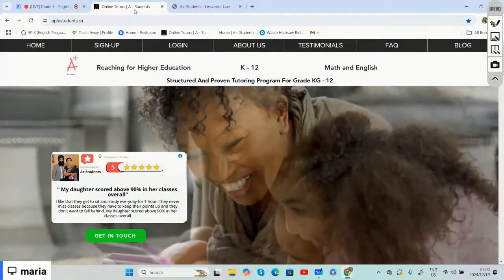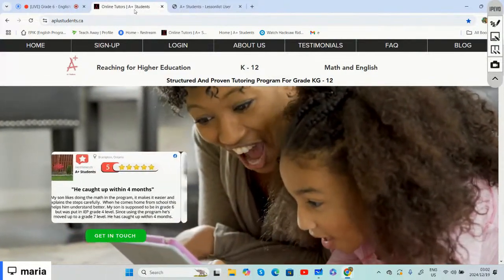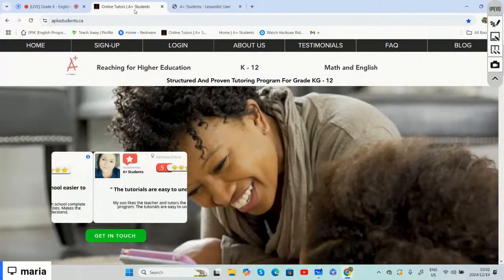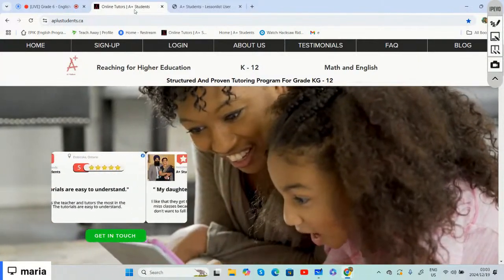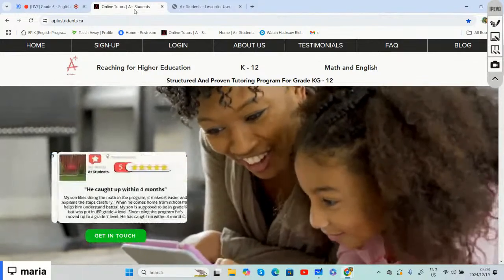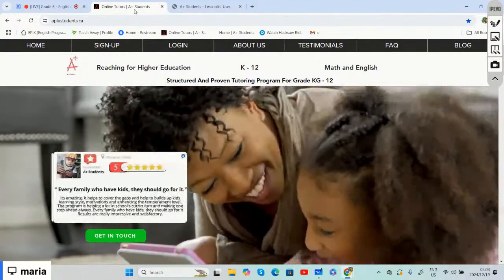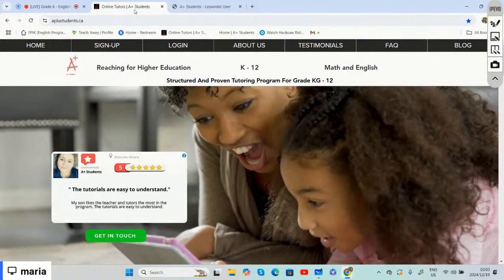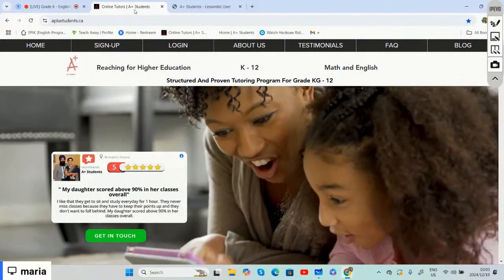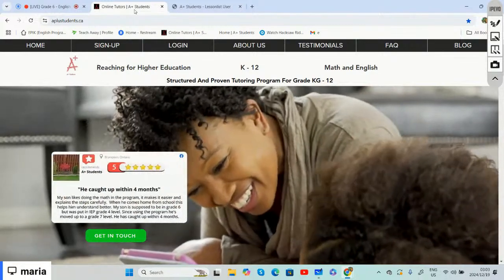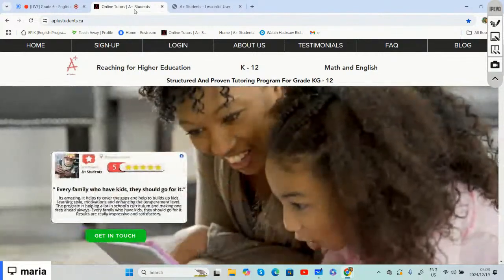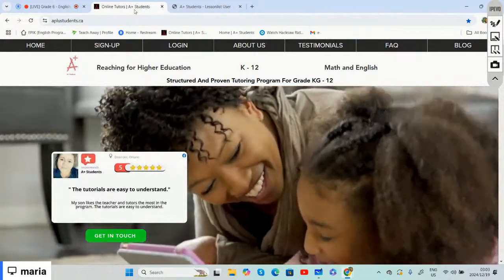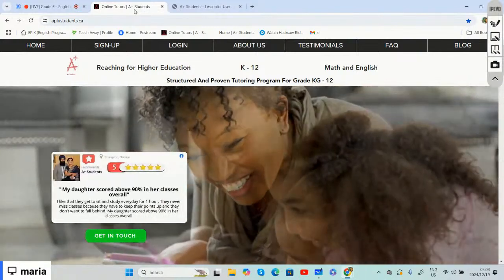Today, we'll be doing our grade 6 English lesson on synonyms. Before we start, we're going to log on to aplusstudents.ca with our username as well as our password, and then we're going to select the subject of English language arts.